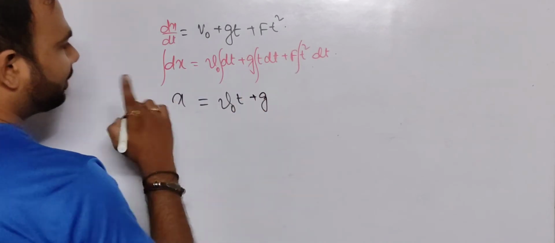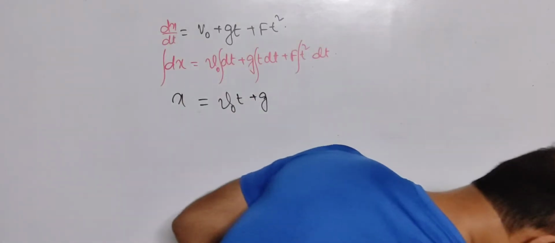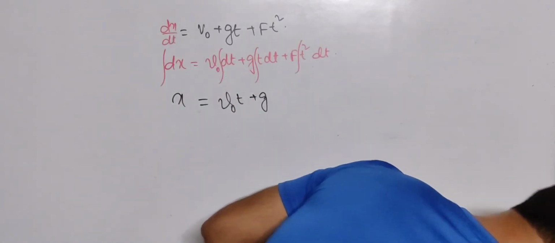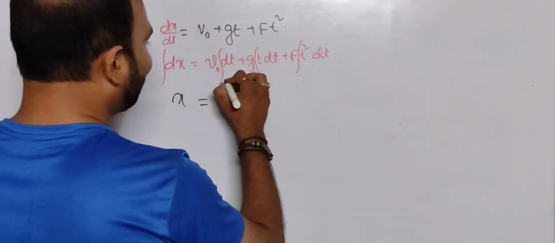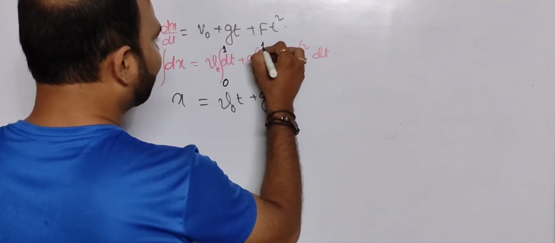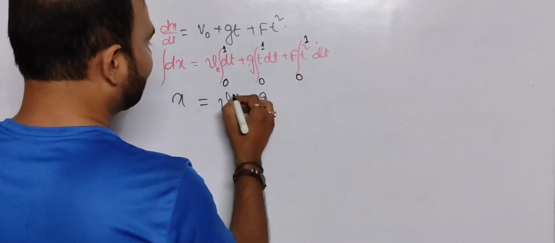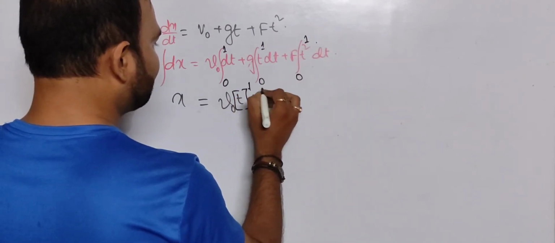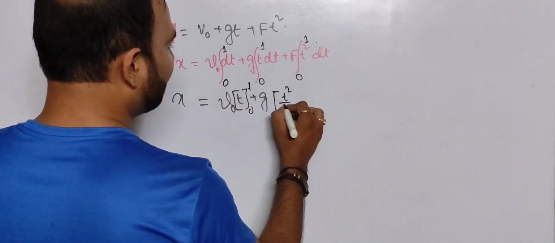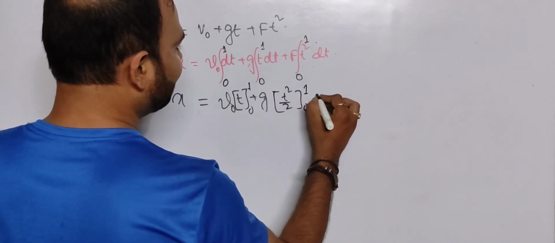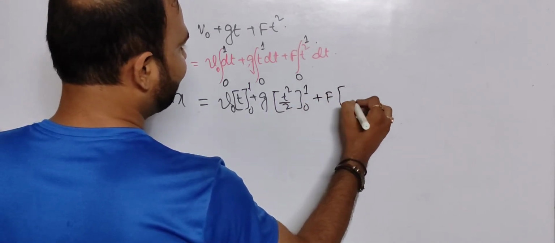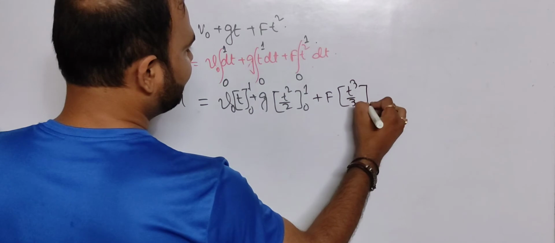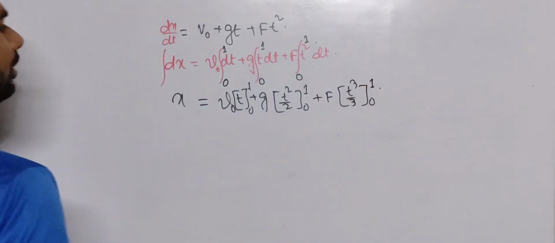The limit has been given, limit of the integration for time 0 to 1, t square by 2, 0 to 1 plus f t cube by 3, 0 to 1.